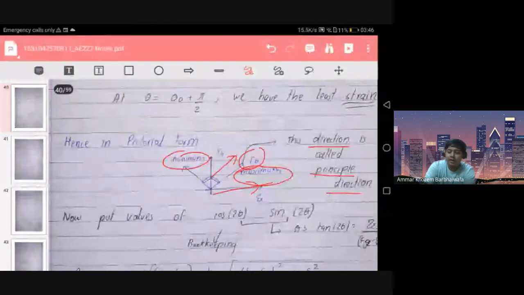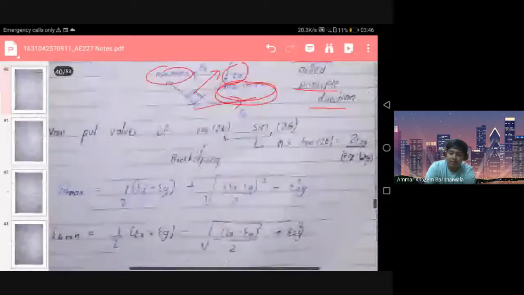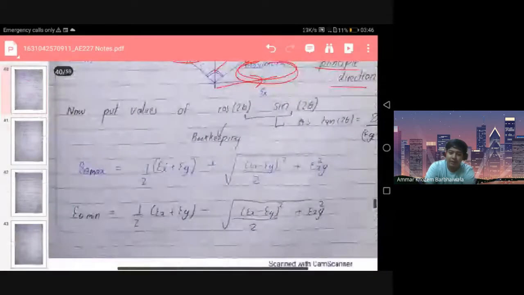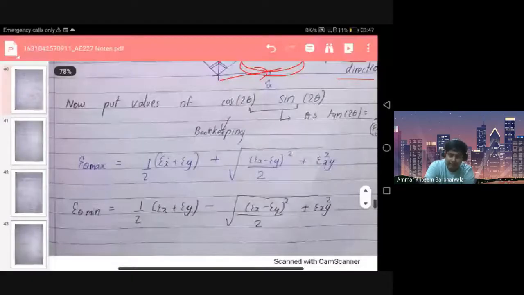There are quite nice properties for this. Let's look at the values. After substituting, we get the maximum value as half of epsilon x plus epsilon y, plus or minus the square root of epsilon x minus epsilon y whole square plus epsilon xy whole square.